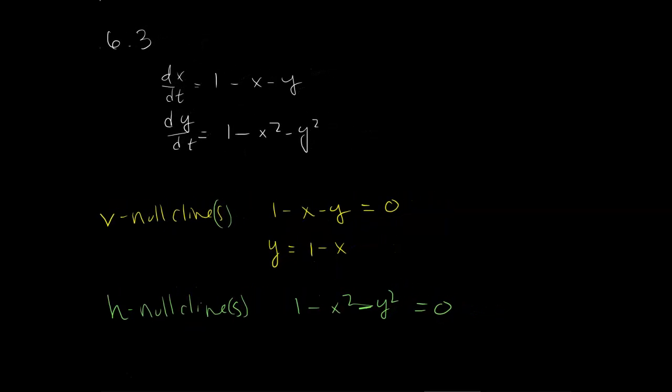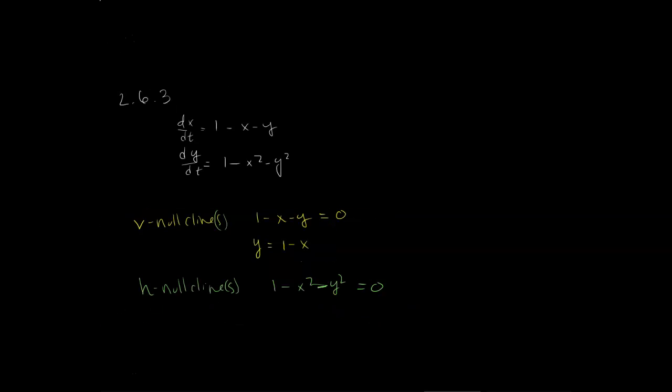So let's come over here a little bit. I'll maybe actually zoom out a tad. So let's go ahead and put two axes here. Since we're doing stuff with a phase plane, we're no longer working with the y versus t axes, but we're going to do x, y. So sort of go back to algebra. All right. So for the v null lines, I'll do this one with a yellow shape, since I did the equation in yellow.